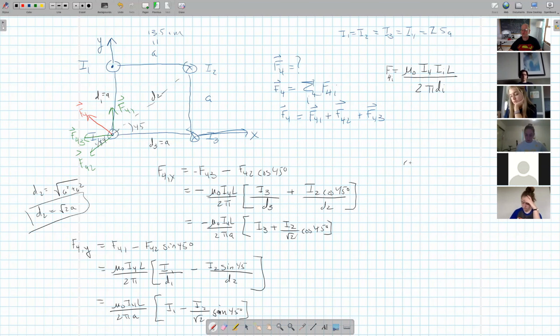Now we go a little bit further. What we also know is that cosine of 45 degrees is equal to sine of 45 degrees, which is equal to the square root of 2 over 2. So actually what's going to happen is those square roots of 2 are going to cancel, and that's going to be replaced by a 2. And we also know that I1 is equal to I2. So finally, we can write this as minus mu naught I squared, because I2 and I3 and I4 are all the same, so I'm going to pull that out, times L, divided by 2 pi a times 1 plus a half.